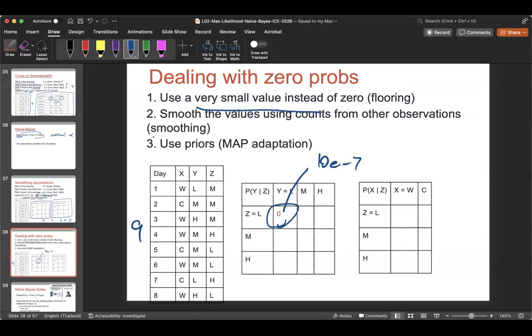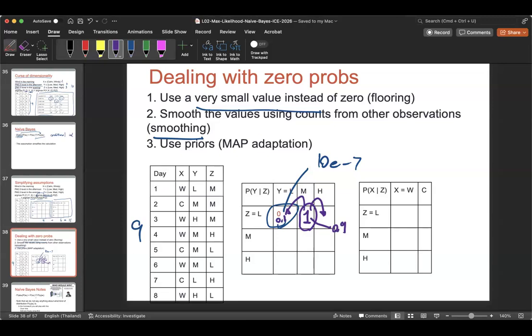Or use a smoothing technique: let's say this is a count of 1 here and a count of 1 here. I'm going to take some count from here and put it somewhere else, to smooth the counts. Take some count from 1, turn it into 0.9, and put the 0.1 to the other part.